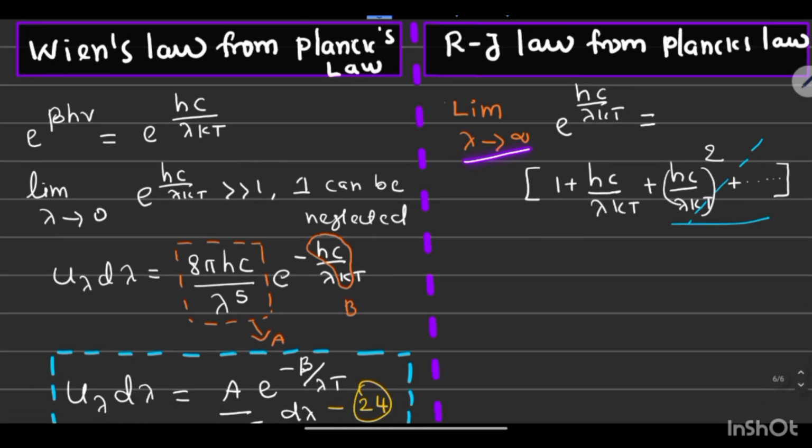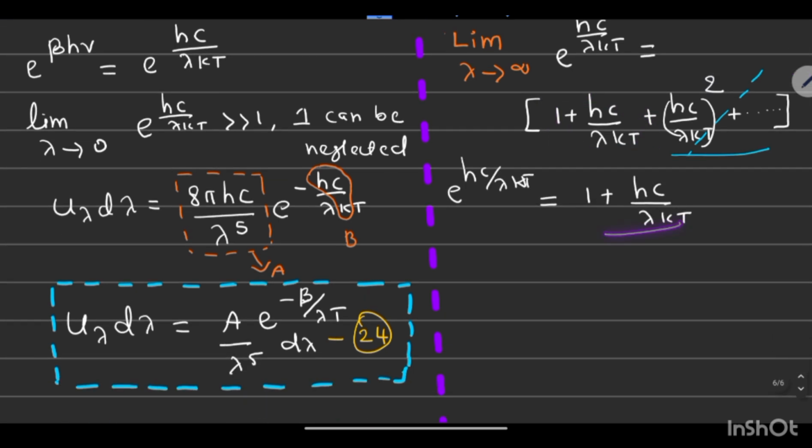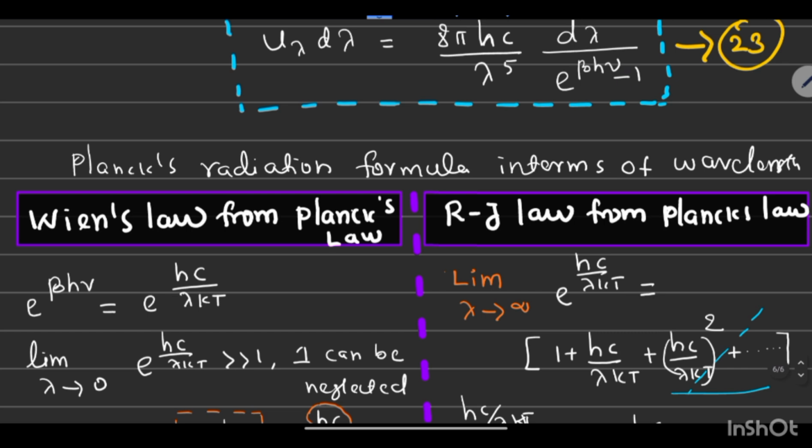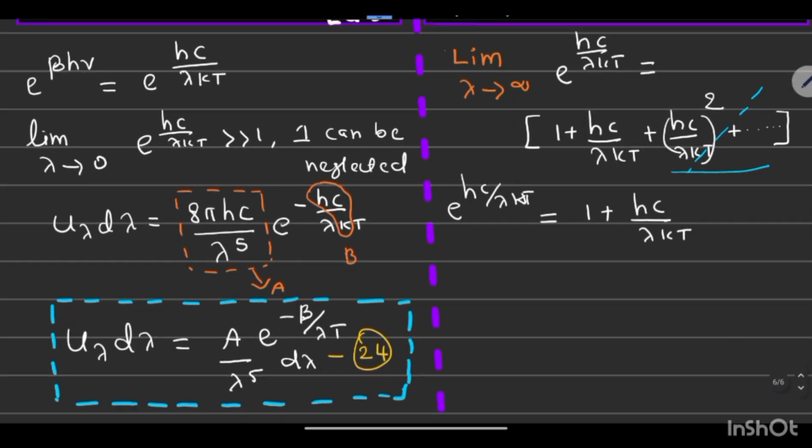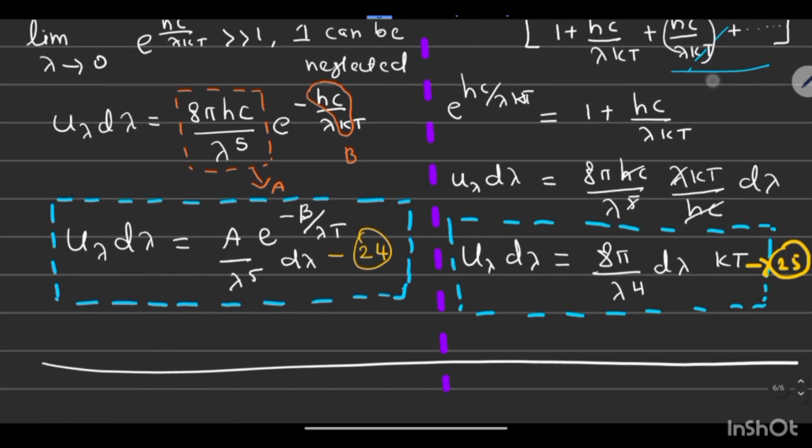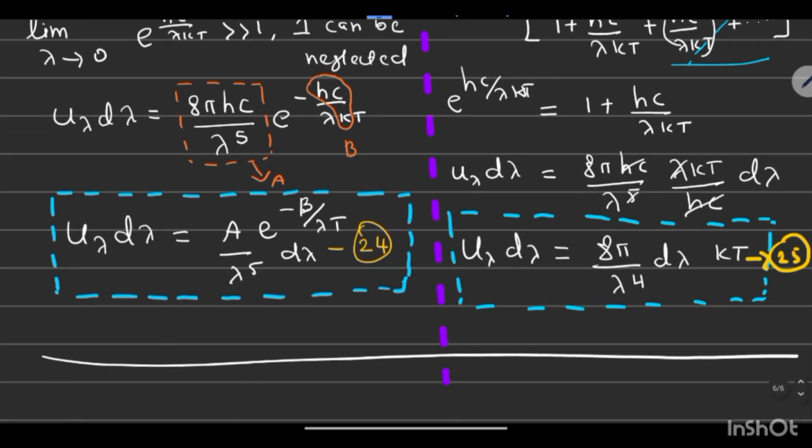In the high lambda limit, this value will be less, and one can approximate this, expand this in Taylor series expansion, and neglecting orders greater than the quadratic order, and retaining only up to the linear term, one will get this expression, and this one and the one here will get cancelled, and in the numerator only this term will be there, and simplifying this, one gets the spectral energy density in the high lambda limit as this.